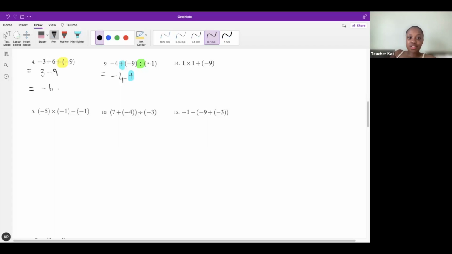Okay, let's divide these two together. -9 divided by -1. And negative divided by negative is going to give us what? Positive 9, a positive answer. And what's 9 divided by 1? 9. Okay, now we have plus plus. Two positives give us a positive, plus 9. So what's -4 plus 9? Which equals 5. Beautiful.